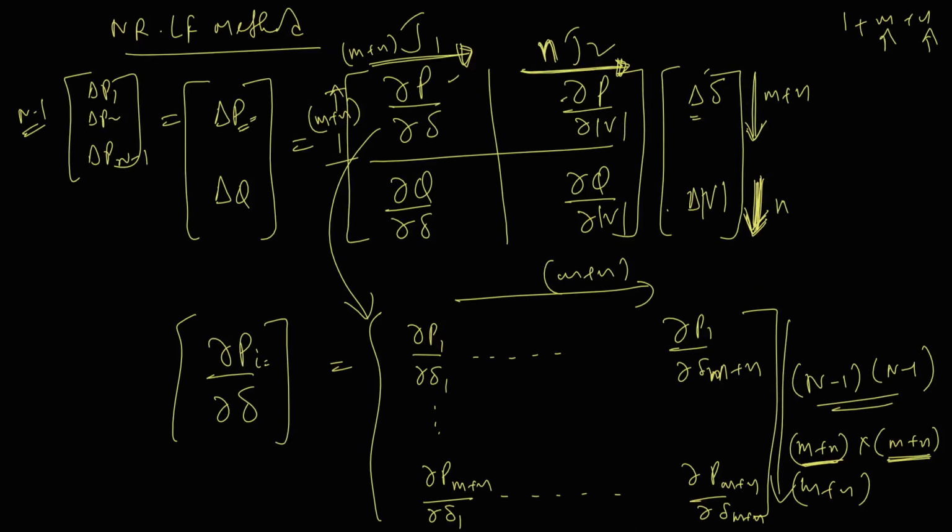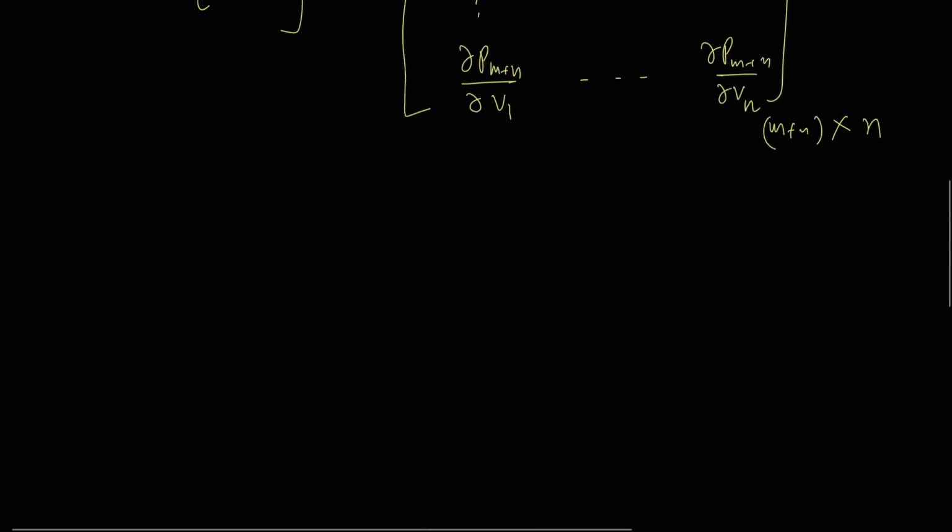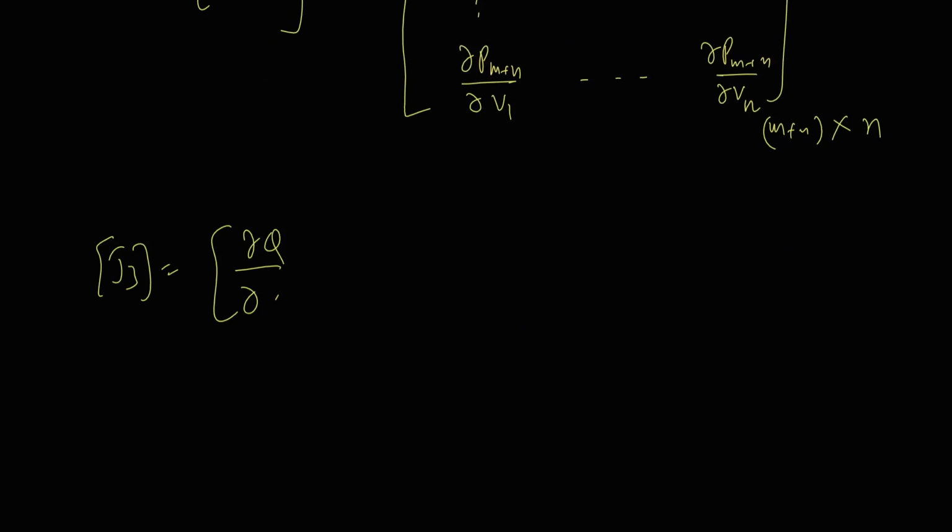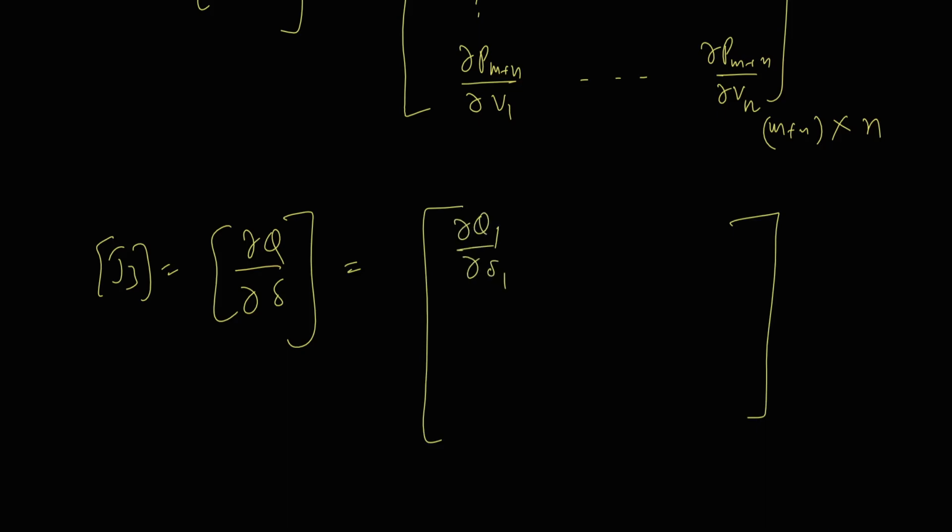Now similarly, the partial derivative dou q by dou delta, the third submatrix J3. This is dou q1 by dou delta 1 to dou q1 by dou delta m plus n. The number of unknown deltas is m plus n, and the number of q's is 1 to n, that is n, the number of load buses.